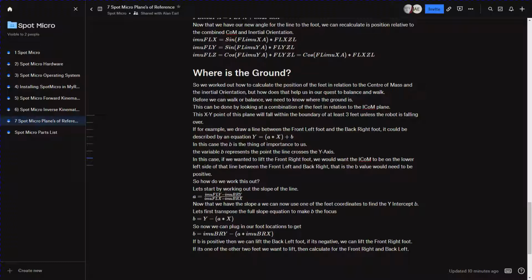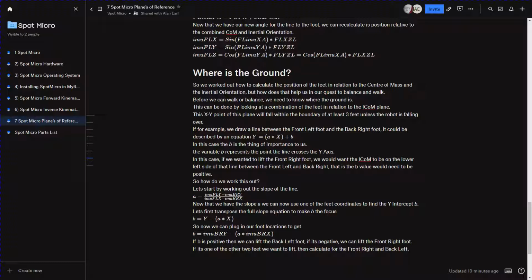We need to work out, if we look at just the XY plane on the ground, we've got the front left foot is in one position XY, and the back right foot is in a position XY. And if you were to draw that on a bit of graph paper with our origin for center of mass as the 0, 0 coordinate on that graph, we've got our foot coordinates already.